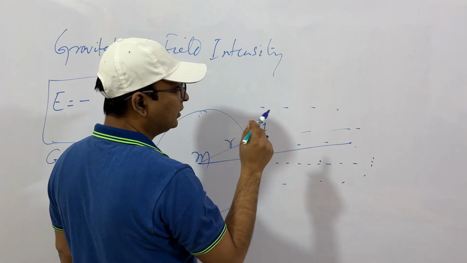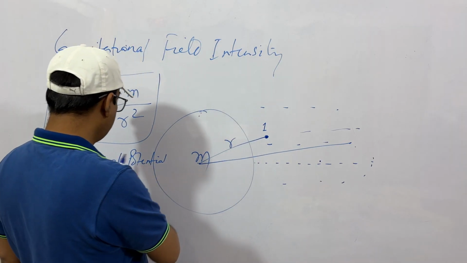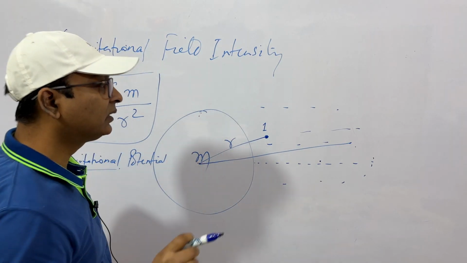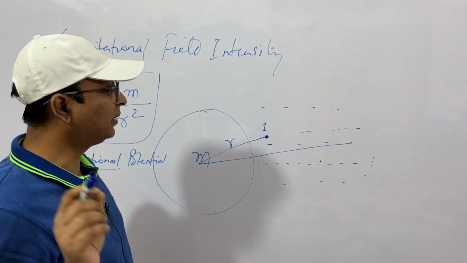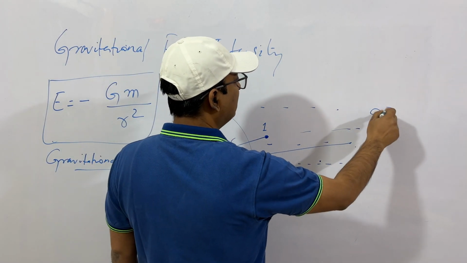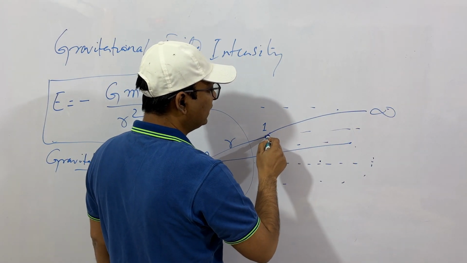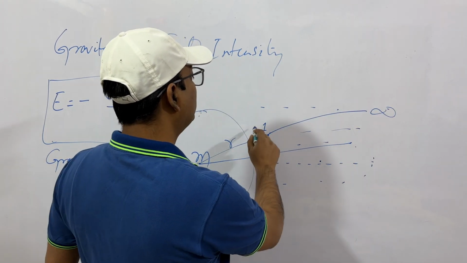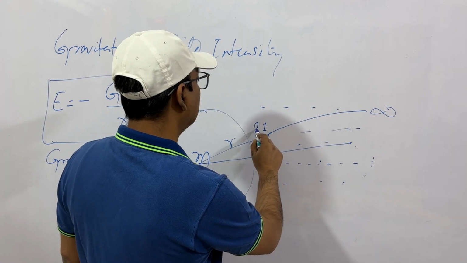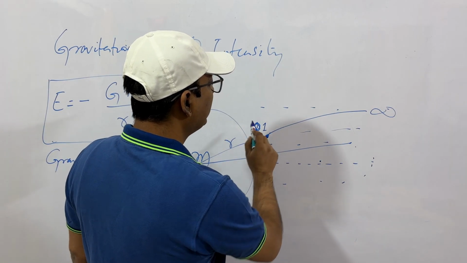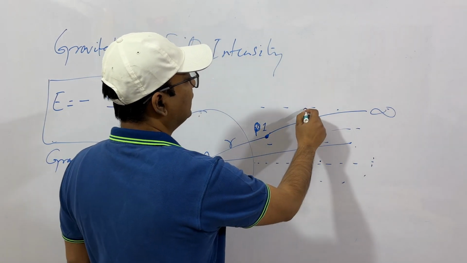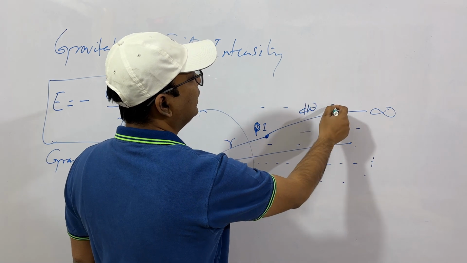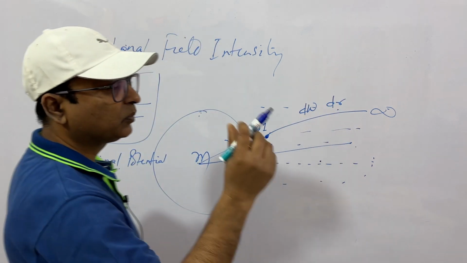So I am giving you the definition of gravitational potential. The work done in bringing a unit mass from infinity to that point, let's say this point, where we want to know the gravitational potential. Let's say it is dw in displacing by dr, a small distance.